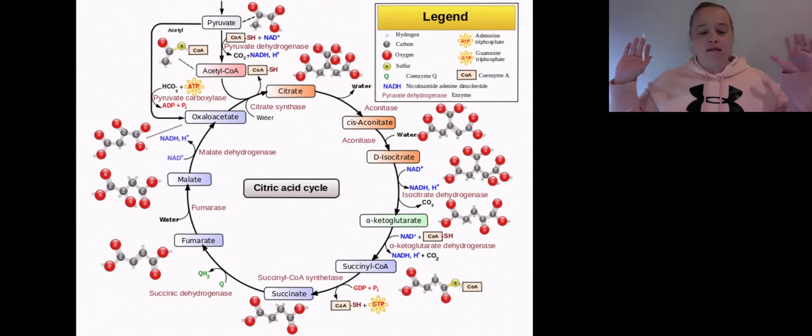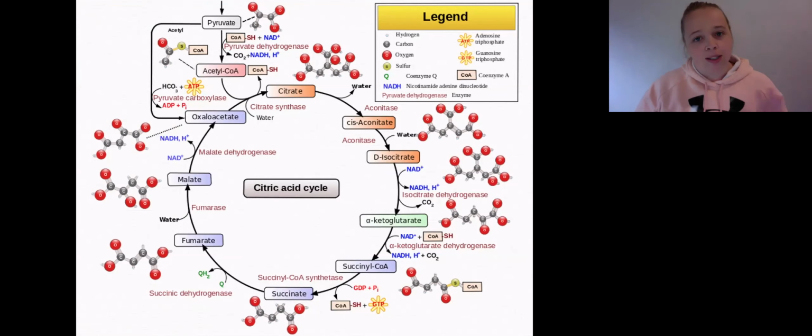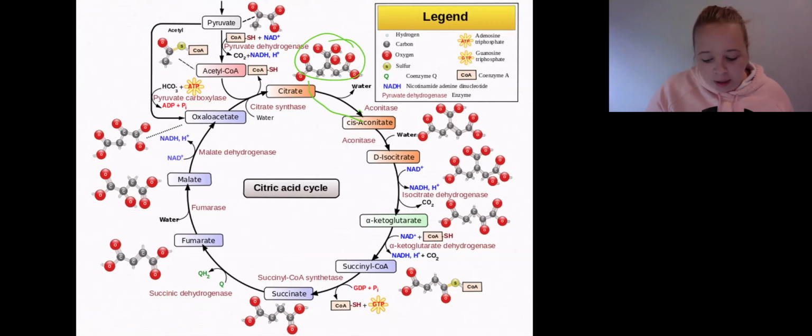Here is a nice confusing diagram just to show you exactly what's happening during the Krebs cycle. I haven't even studied this. I have no idea what the names of any of these are, so please do not waste any of your time thinking about it. But this is another example of a biochemical pathway. You can see that the product of one reaction becomes the reactant or the substrate in the following reaction.